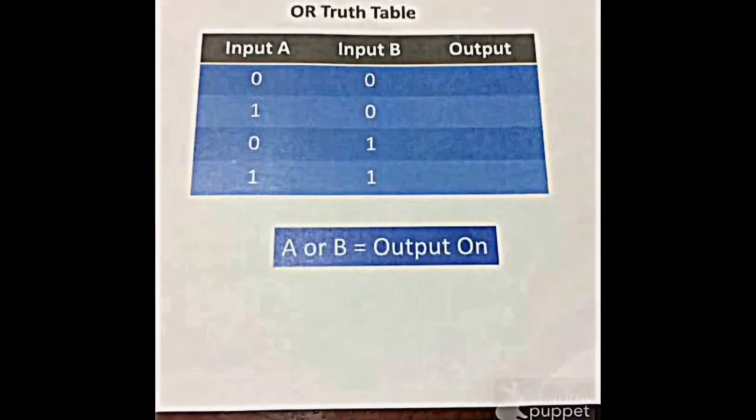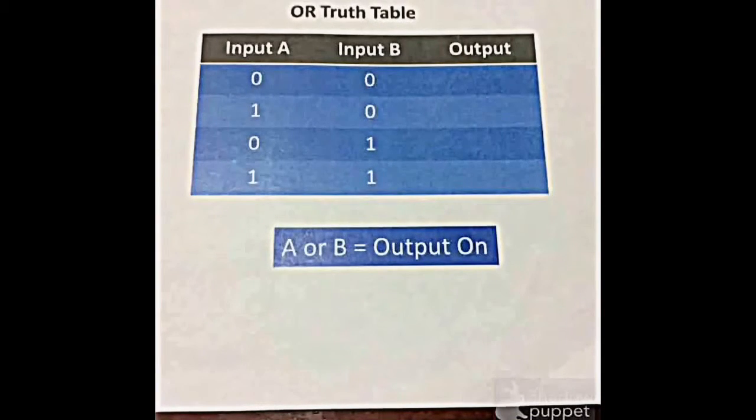So here we have an OR truth table. If A or B are on, the output will be on. For example, the first one will not be on because both of them are off.